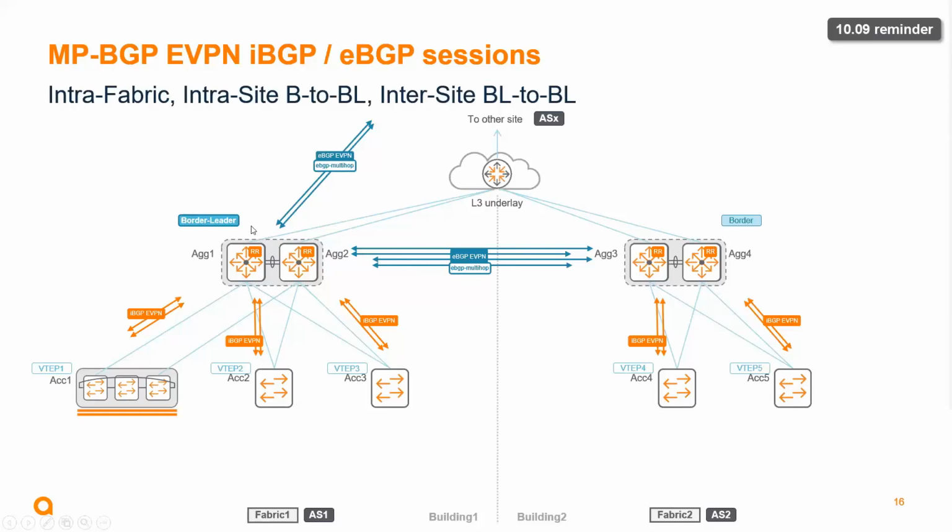And obviously, one of them is identified on that site as responsible for communicating to the other sites, here represented by autonomous system number X. So we have the notion of the border leader concept, which is the fact that, as I mentioned, only one border is identified as a border leader to advertise routes to the other sites.